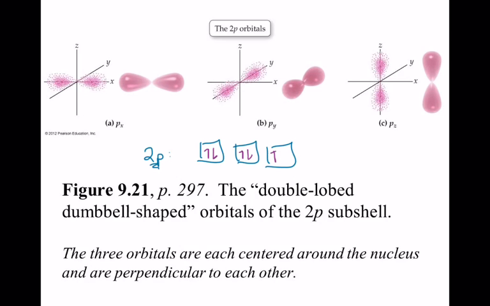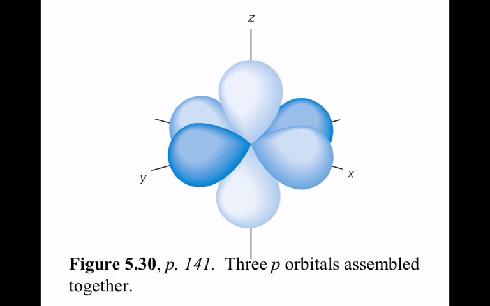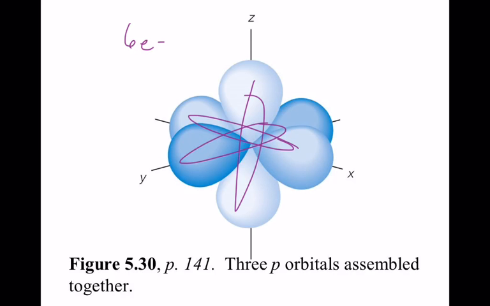I hope you are. So those are 6 electrons. We max out with 6 electrons in any p-type subshell. But my point is, I think this is so cool. It has the potential to be 6 electrons. So here we see our p sub x, our p sub y, and our p sub z. Again, at the center there is the nucleus.